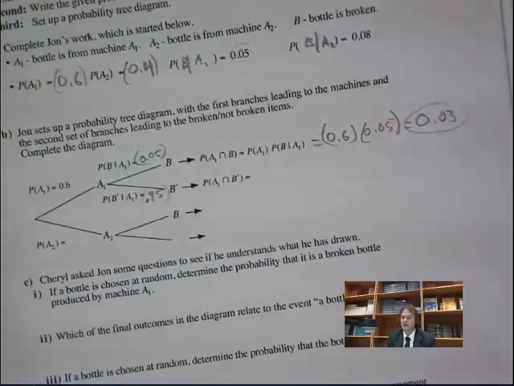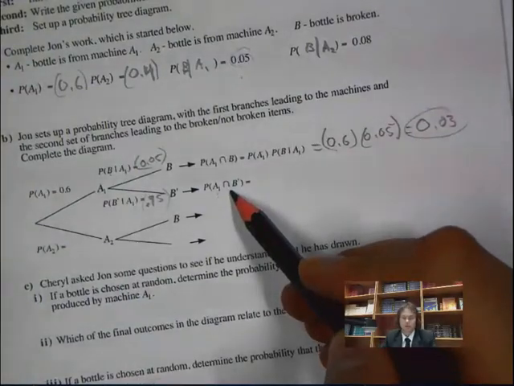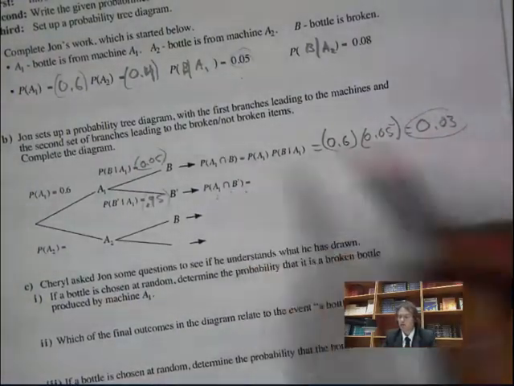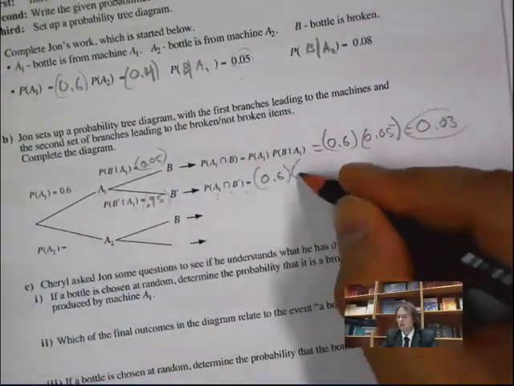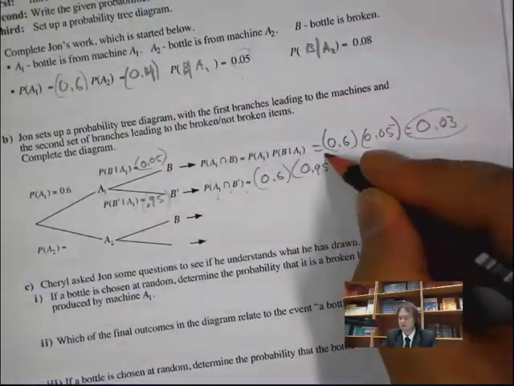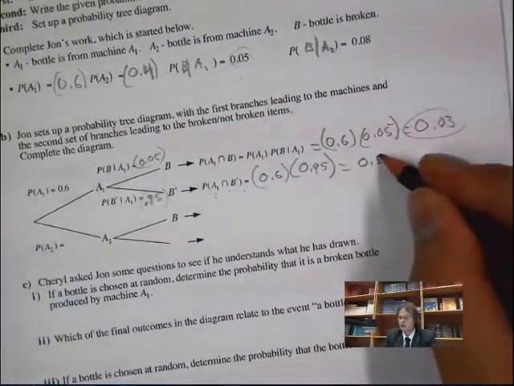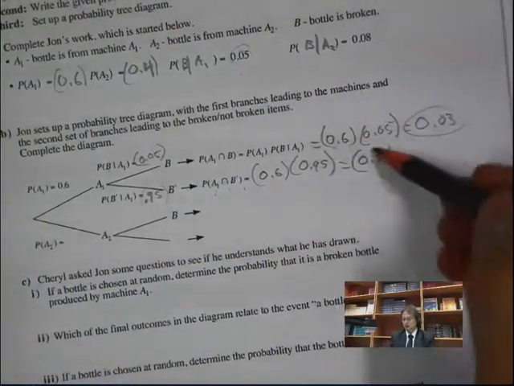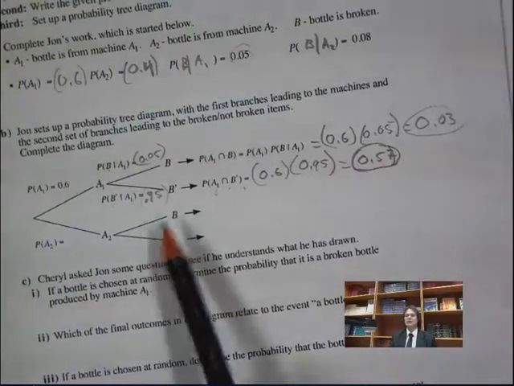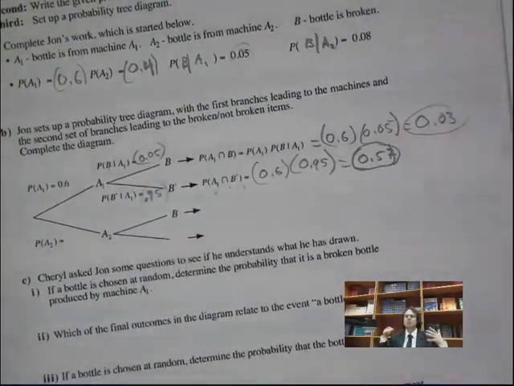The next one is not broken and from machine A. So that is 0.6 multiplied by 0.95. If we multiply these together, I end up getting 0.57. That is my answer for this one: the probability that it is not broken and from machine A, if we take any bottle.